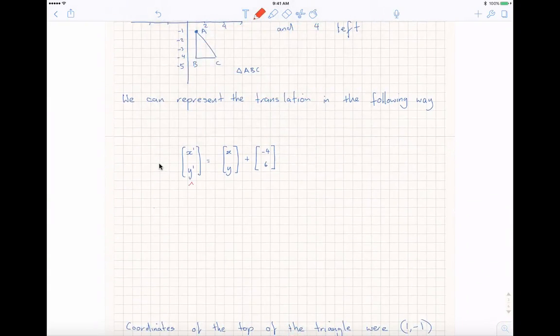So this here is what we call the image point. It's the point that's been shifted. This is the original point, or called the pre-image point. And we call this matrix here the translation matrix.